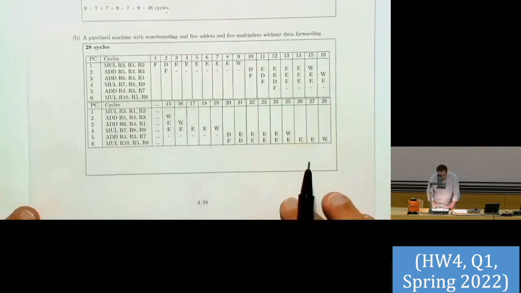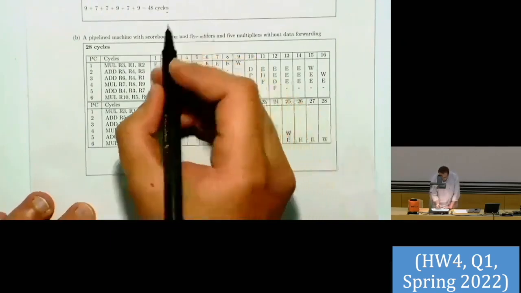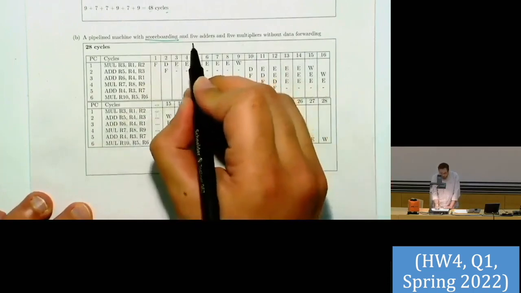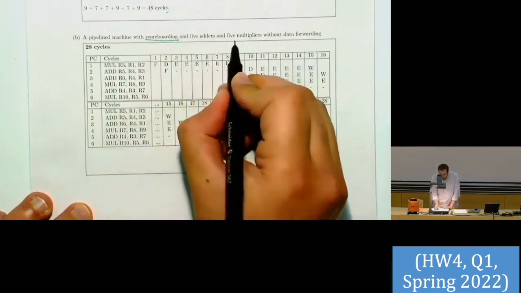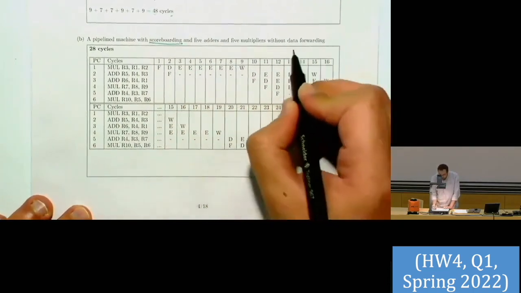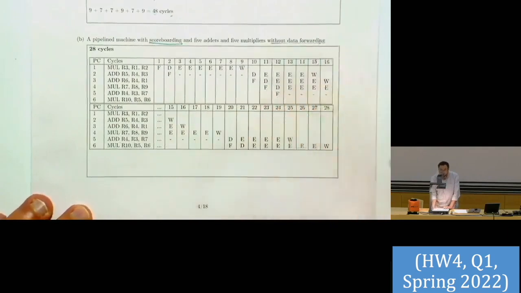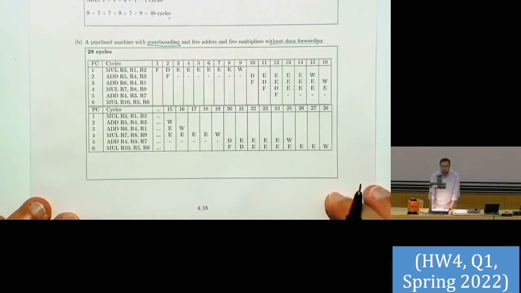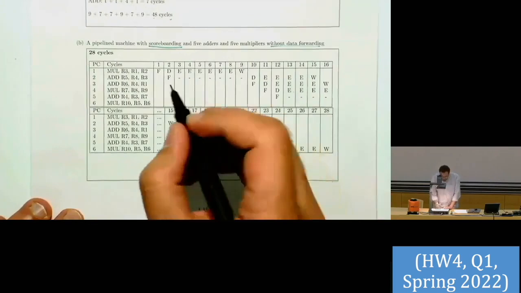In the second question, we have some configuration for pipelining. We are using this scoreboarding technique, and in our hardware, we have 5 adders and 5 multipliers, and we do not have any data forwarding, right? One thing we need to be very careful about is the data dependencies here.